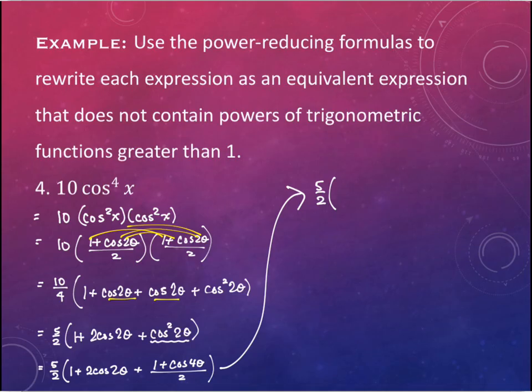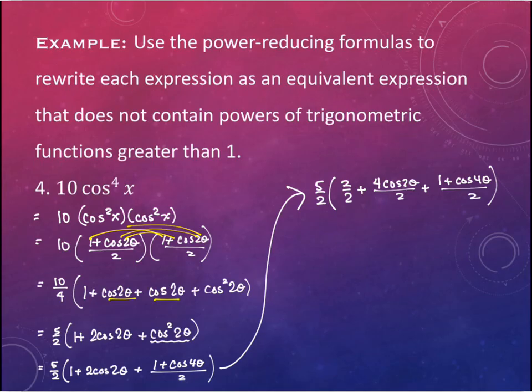Is that all right? Okay, so we're going to have a 2 over 2, plus, now it's going to be 4 cosine of 2 theta over 2. And we have a 1 plus the cosine of 4 theta over 2. Those are my pieces. They're all over 2 now.